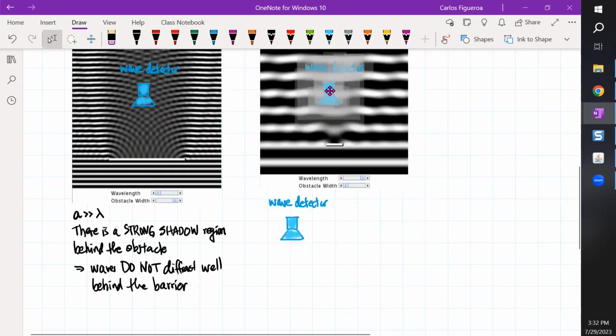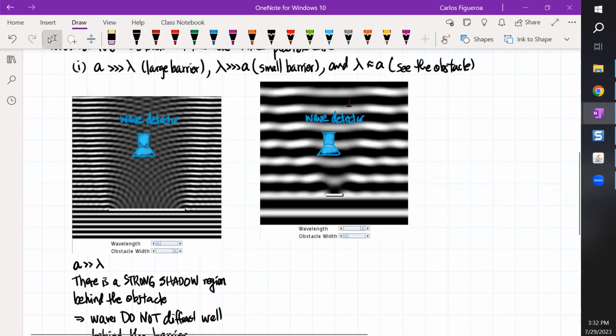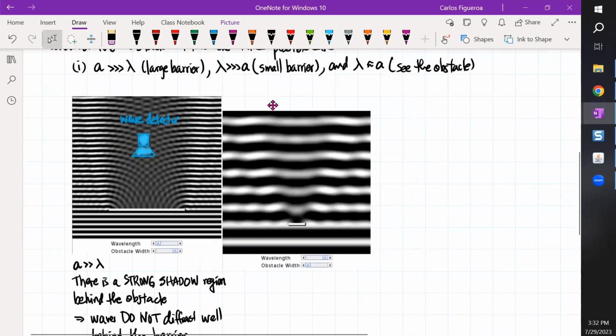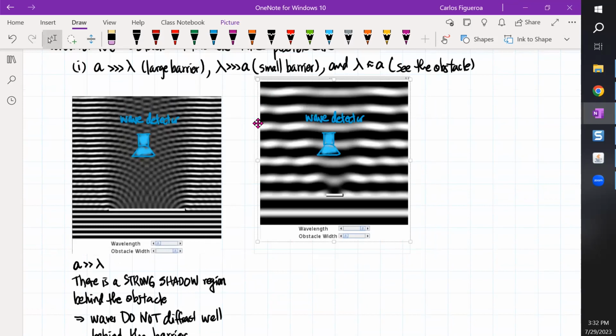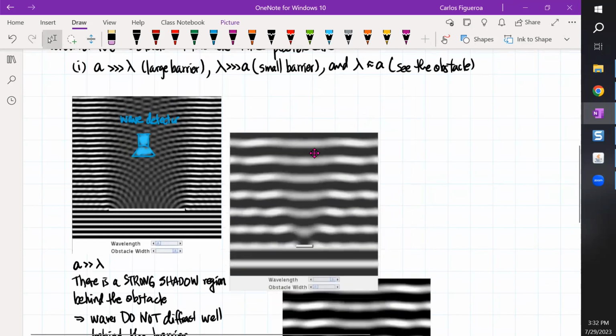So if I place my wave detector here, this detector won't really detect anything. In this situation, I'm going to run out of space, so I'm going to have to move this guy a little bit closer to this guy right here. Let me try again.